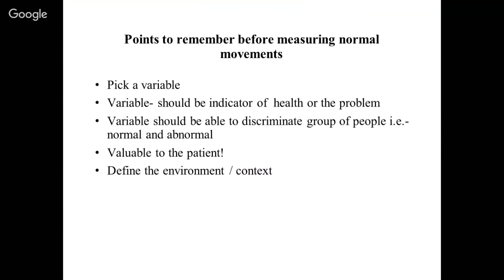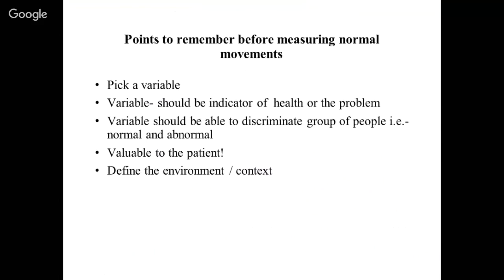Remember, if you are trying to measure something, you need a variable. So what I mean by variable is whatever measurement you want to use, so that we can put that into normal and what is abnormal. And the variable should be an indicator of health or a problem, right? So for example, why do they pick blood pressure?